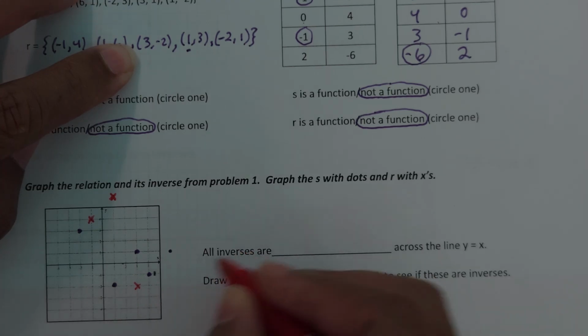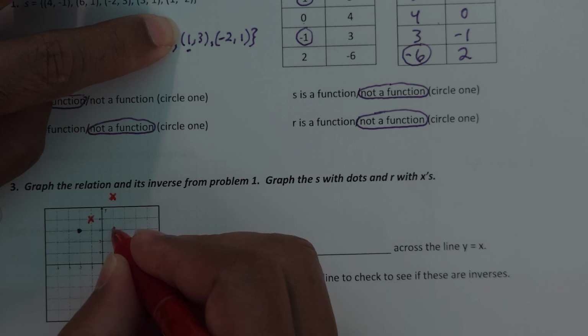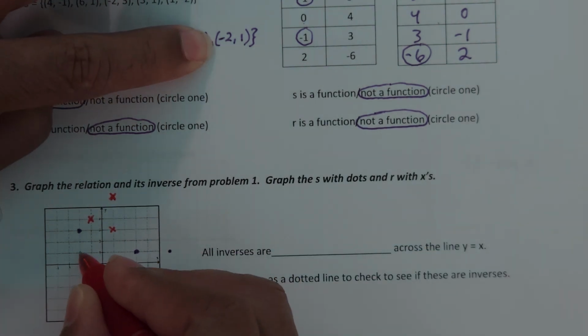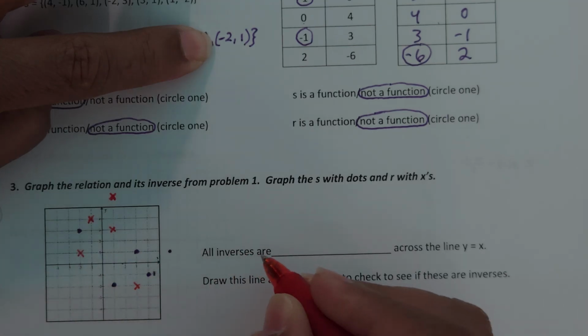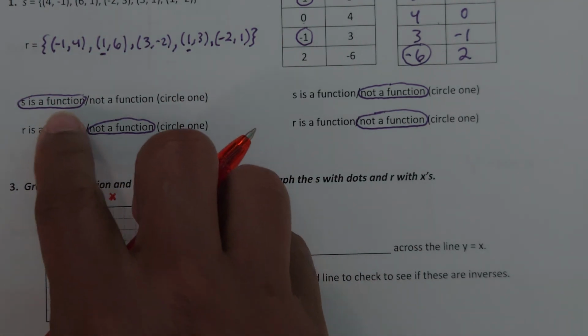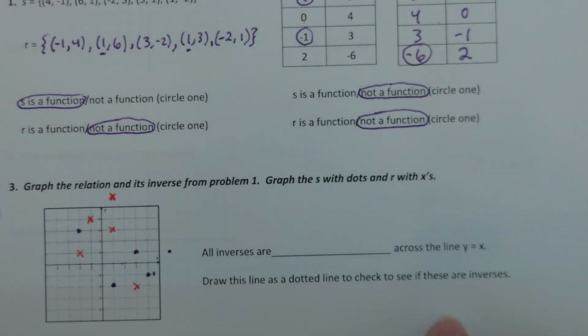So this is that point. Then 1, 3, so right 1, up 3. And last, -2, 1, so this is -2, positive 1. So there we have the relation S and its inverse, the relation R, for the first example.